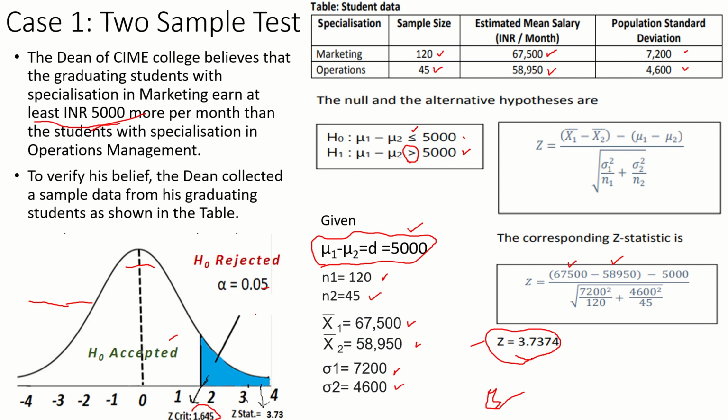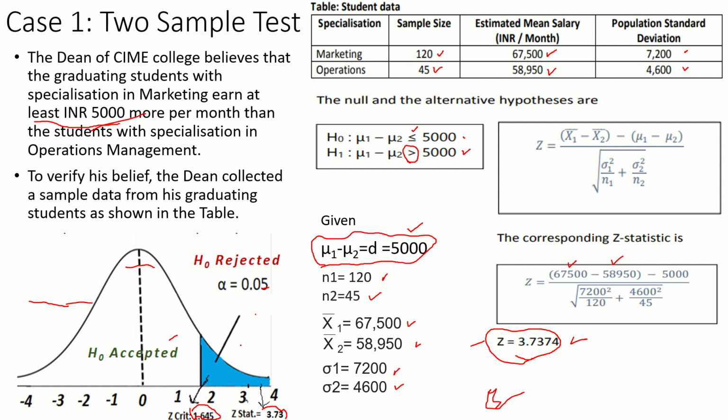You can see this is the Z critical, 1.645, and this is the Z statistic, 3.73. That means it clearly falls in the rejection area.